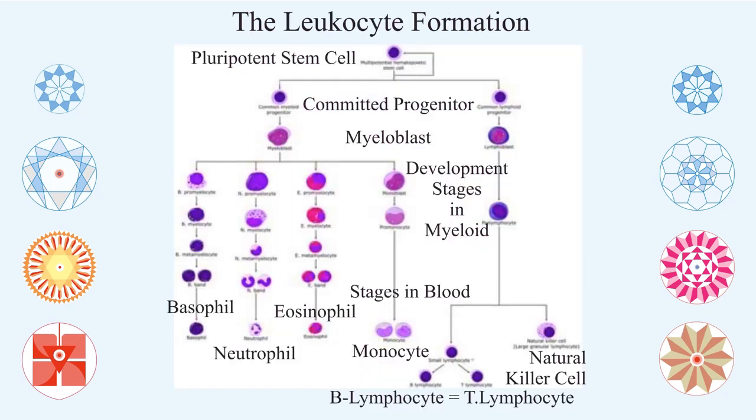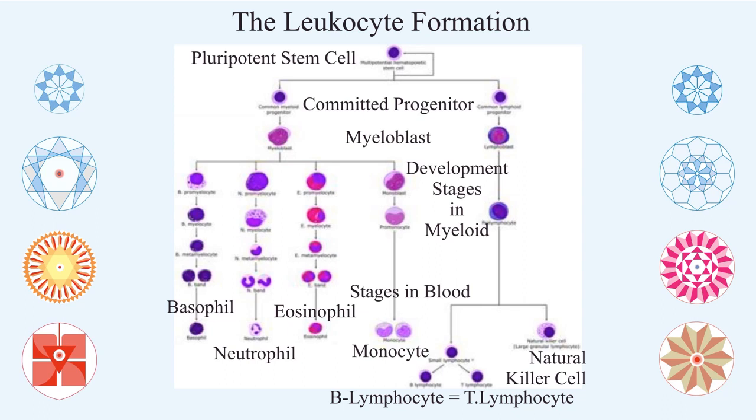Having understood that, now let's talk of the leukocyte formation, or the formation of white blood cells. As I told you in the beginning, the pluripotent cell, totipotent cell, from which all the cells have originated, comes at the right at the top, and could be 21 micron in size.